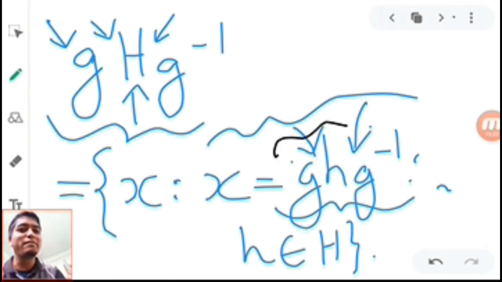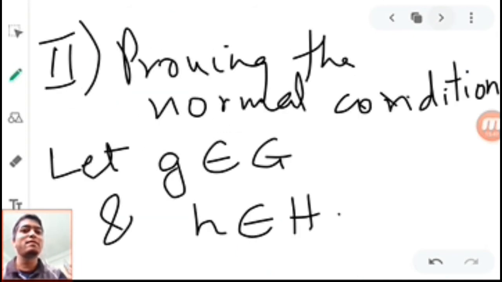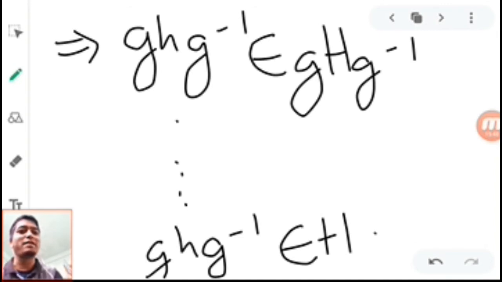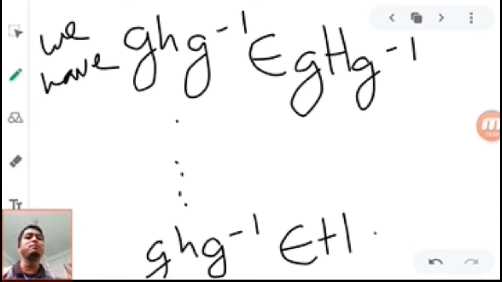Any element of this type belongs to the set g H g inverse. That is why I'm writing that this element belongs to g H g inverse.